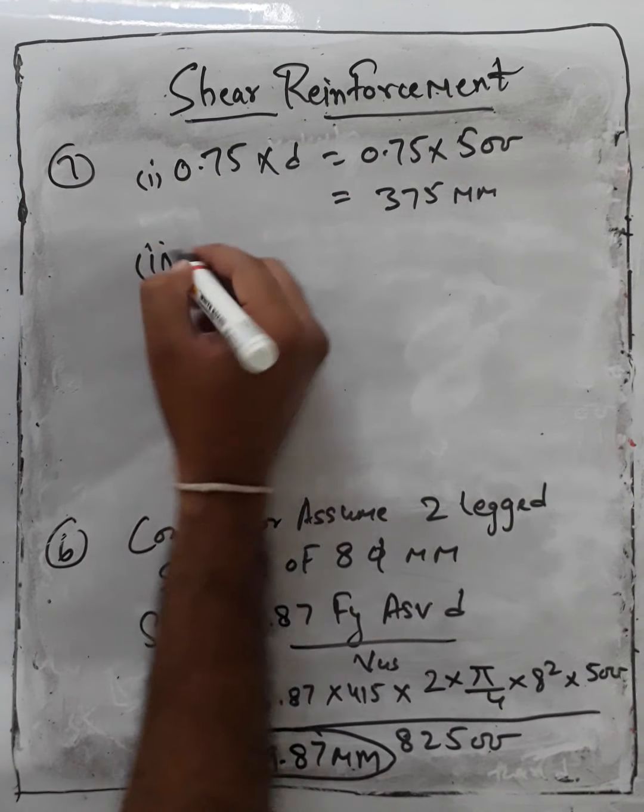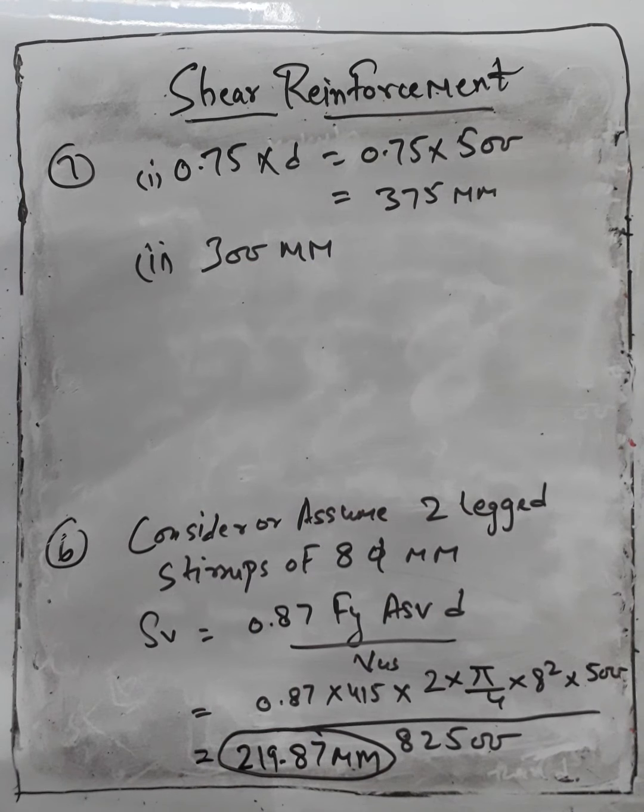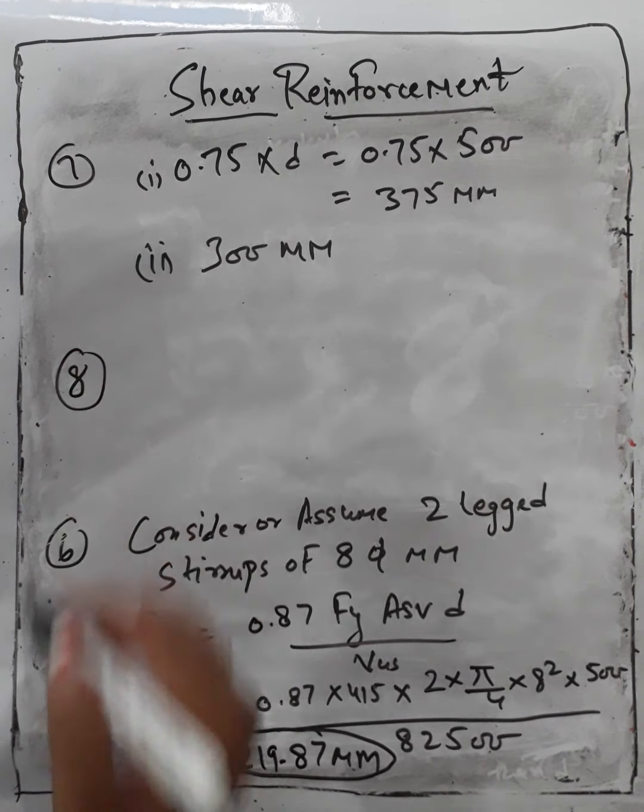The second limit is a maximum of 300 mm, but our value is less than this, so we directly take this value.